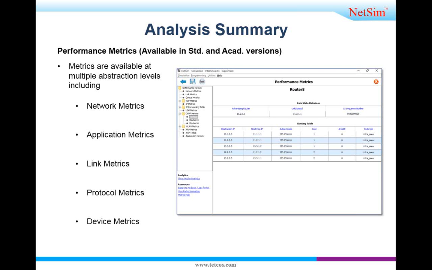Then protocol metrics displays the protocol based metrics which are implemented in the network scenario, and metrics will vary depending upon the type of network simulated. In this case, you can notice TCP metrics, IP metrics, and OSPF metrics also. Then device metrics is there. Device metrics displays the device related metrics like the ARP table, IP forwarding tables. So these are the metrics which you will get after the simulation.